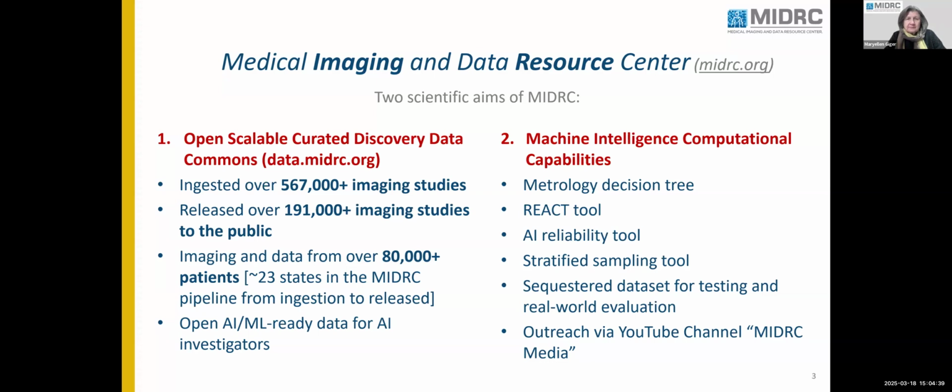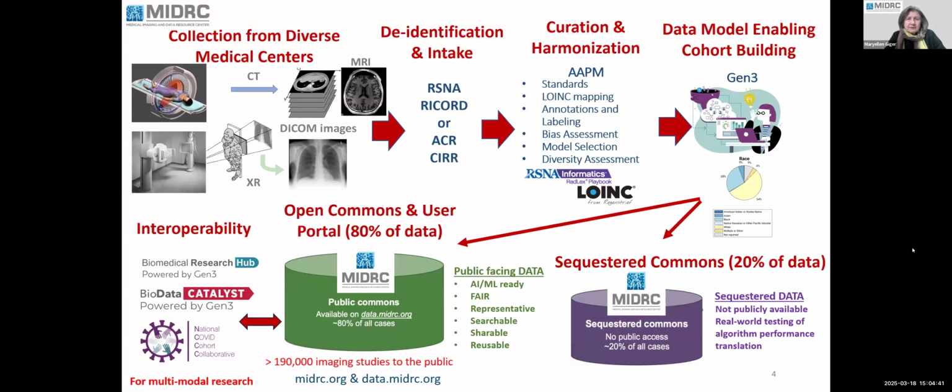Next, please. So this gives you the typical overview of MIDRC, where we have 2 input portals through RSNA and ACR. We've taken in radiographs, CT, MRIs, ultrasound, and other images.